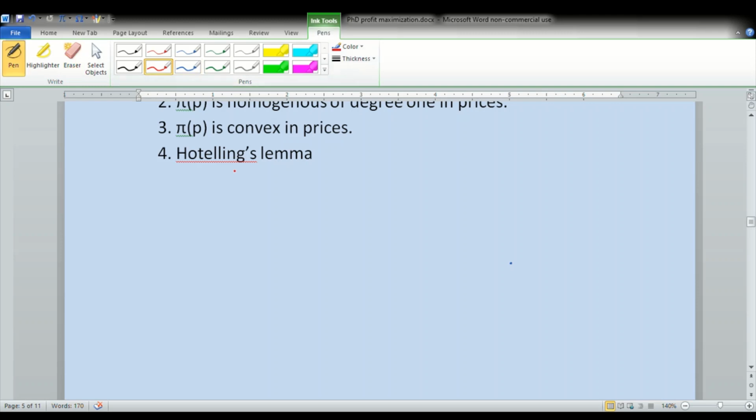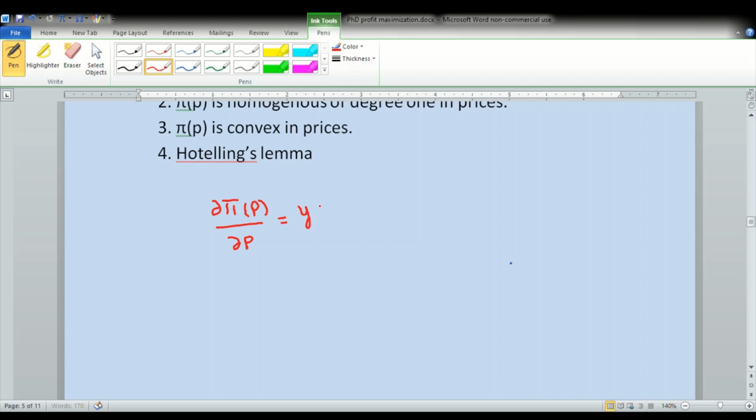I understand that I have already told you the meaning of this. The Hotelling lemma talks in terms of the derivative of the profit function with respect to any of the prices. If the price is an output price, then you will be getting a supply function.